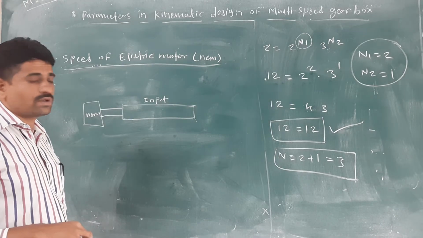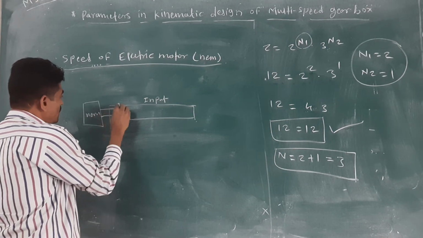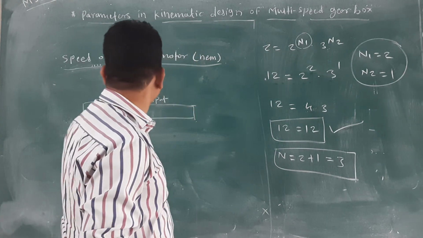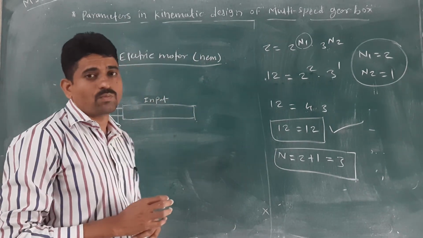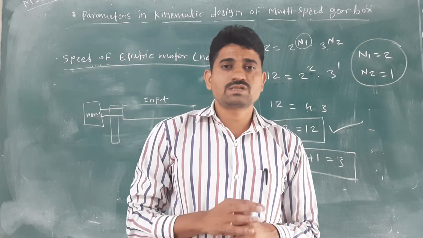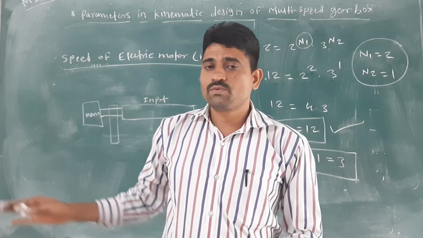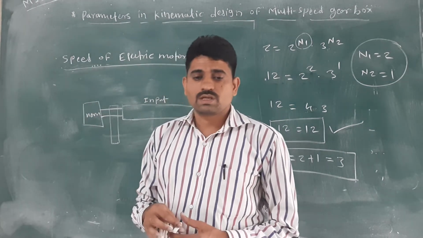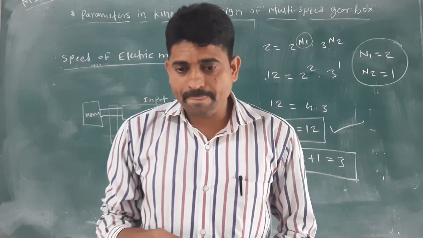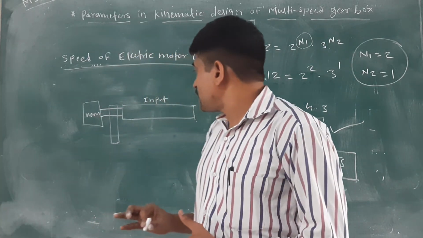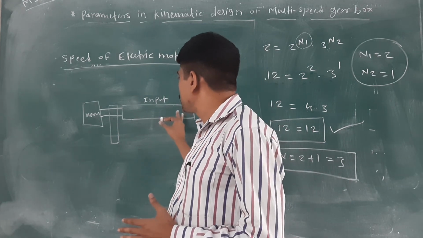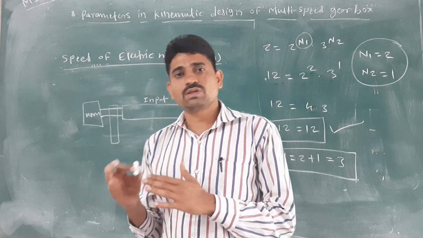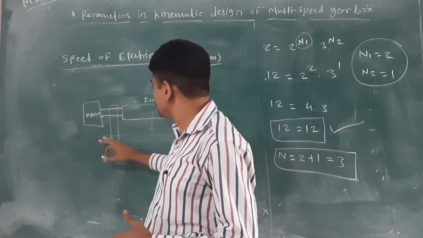We want to use a belt drive or gears. If we want to change or reduce the speed, then we use the belt drive or a gear arrangement. If you require a different speed of the input shaft, then we do this arrangement. If you want the same speed, then don't do this arrangement.